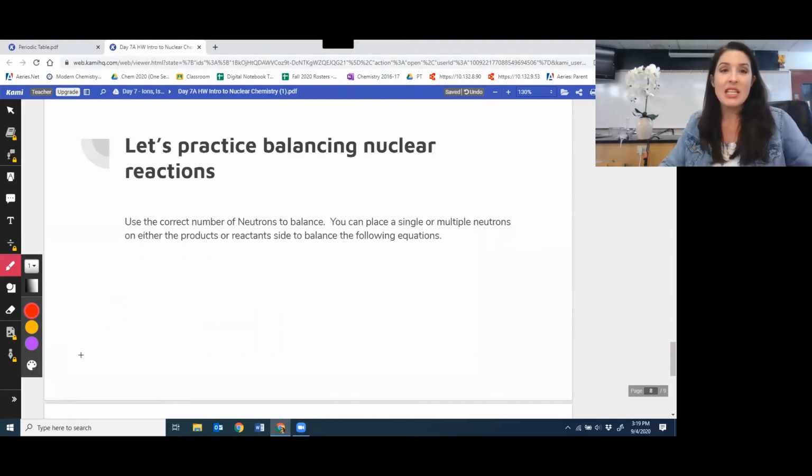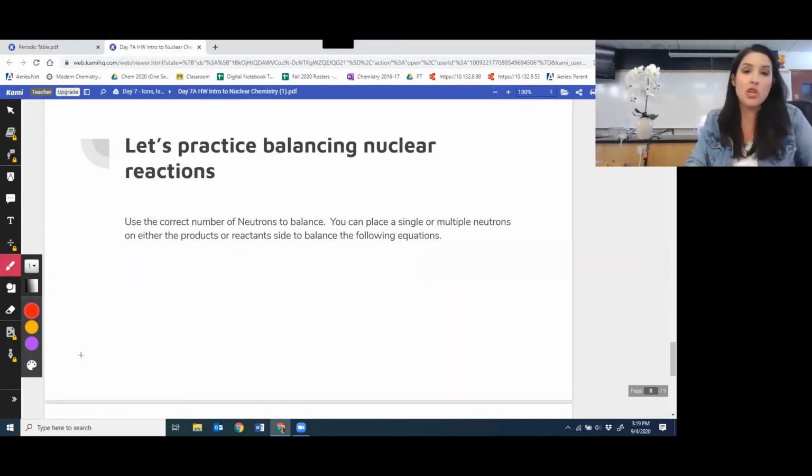So let's practice. Use the correct number of neutrons to balance. And you can place a single or multiple neutrons on either the products or the reactant side in order to balance them. So let me give you an example. Try this one.